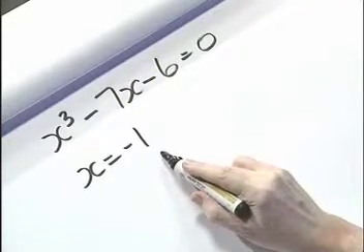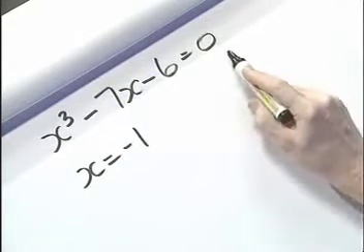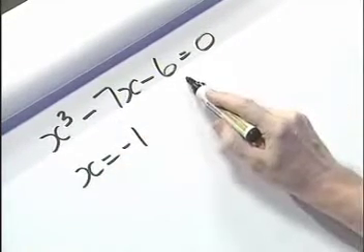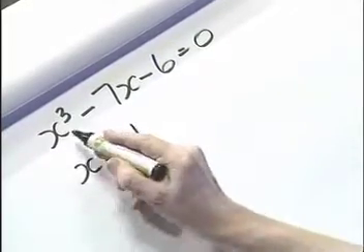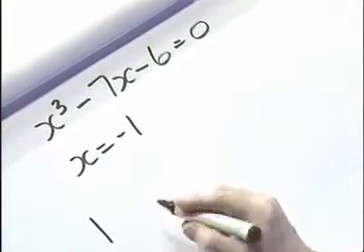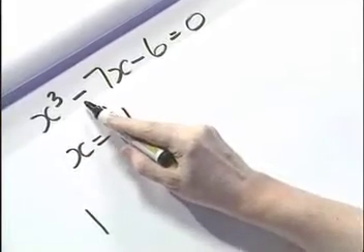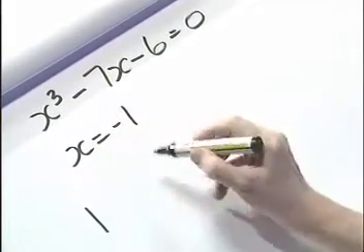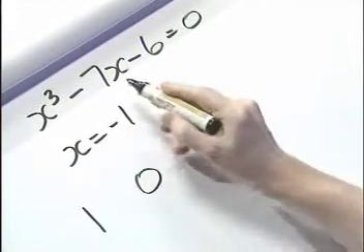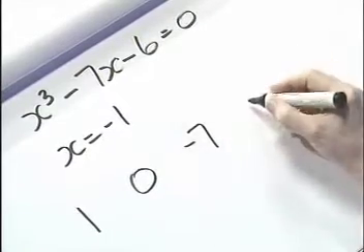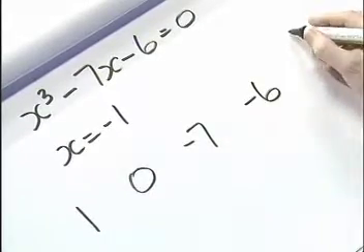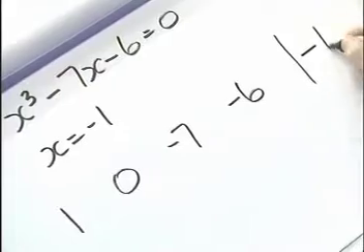If minus 1 is a root, we can synthetically divide through this expression by minus 1. The coefficient of x cubed is 1. The coefficient of x squared is 0. There's no term in x squared. The coefficient of x is minus 7, and the constant is minus 6. And we're synthetically dividing by minus 1.